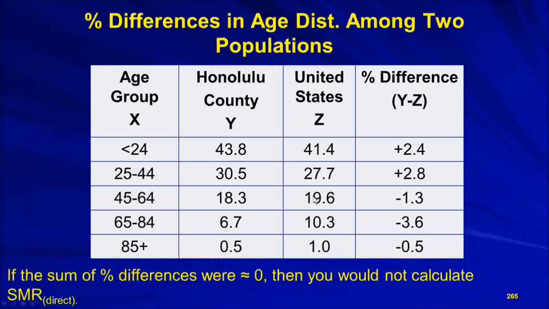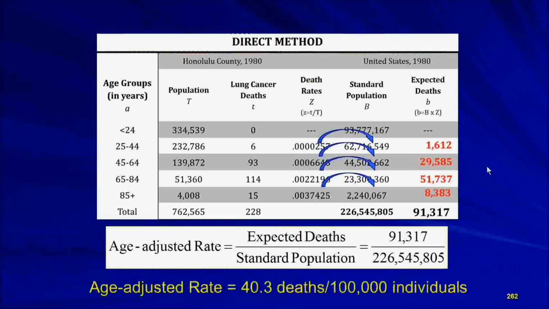Now we have also done it for the United States. And let me show you how we would do that. It's the same process, but for the population of the United States, we would take each one of these and divide by the total population, and it's going to produce a percentage.